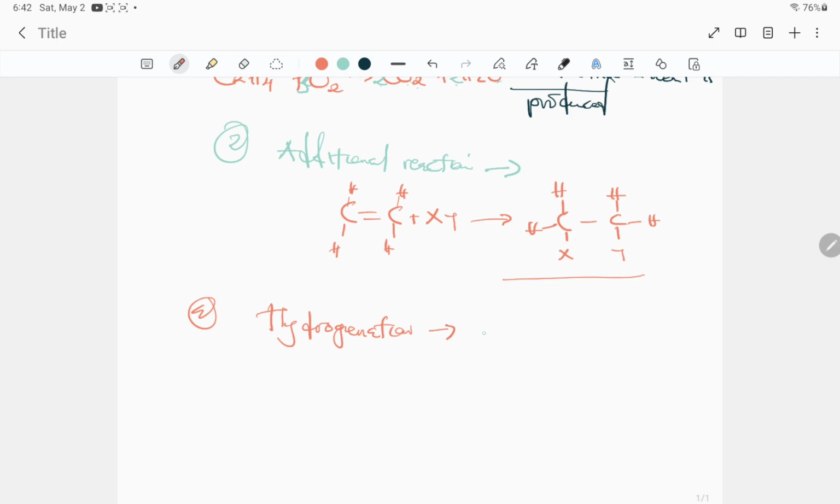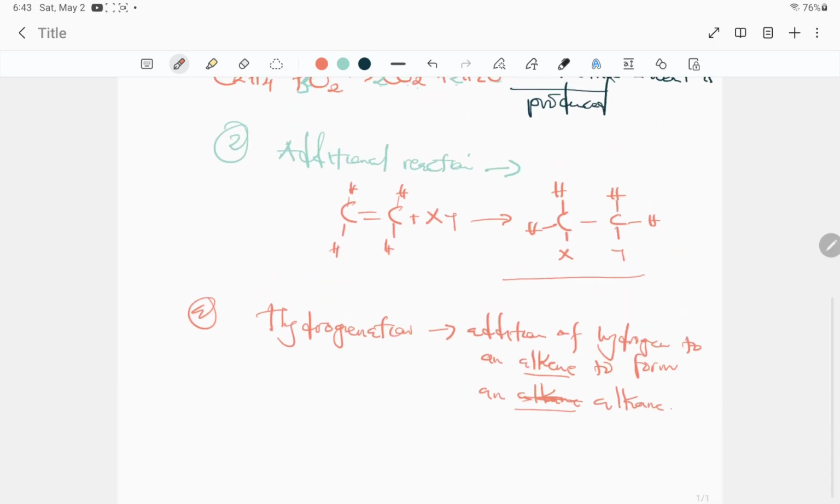Hydrogenation is the addition of hydrogen to an alkene to form an alkane. So from alkenes we are forming alkanes. That's what you call hydrogenation.